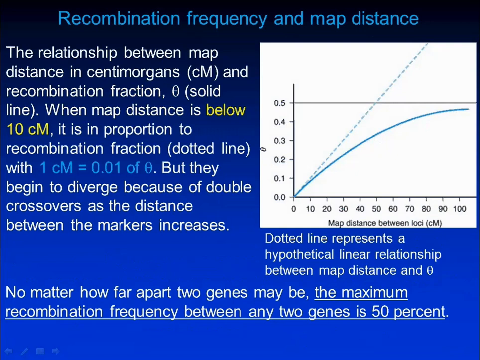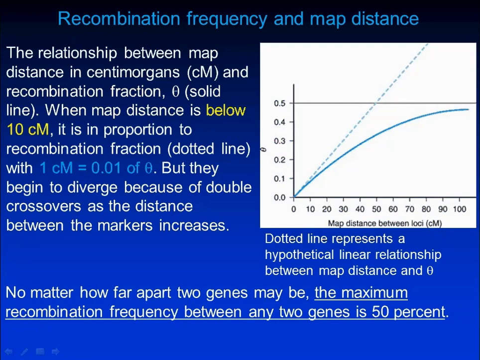The dotted line represents a hypothetical linear relationship between map distance and recombination fraction. On the x-axis is map distance in centimorgan. On the y-axis is recombination fraction.